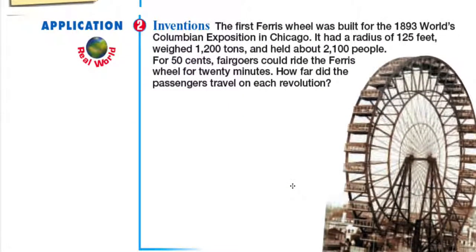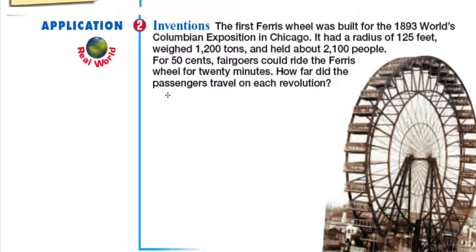The first Ferris wheel was built for the 1893 World's Columbian Exposition in Chicago. It had a radius of 125 feet, weighed 1,200 tons, and held about 2,100 people. For 50 cents, fairgoers could ride the Ferris wheel for 20 minutes. How far did the passengers travel for each revolution?